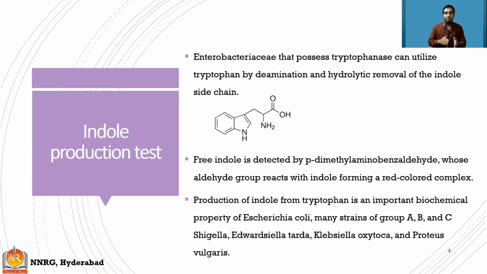When amino group is removed from tryptophan, what happens is the indole part gets broken. Suppose this is the indole part and this is the basic skeleton of an amino acid. When amino group is removed, as a result this one breaks away and this will be the indole ring. This will be free indole. Presence of this free indole will be giving the indication.